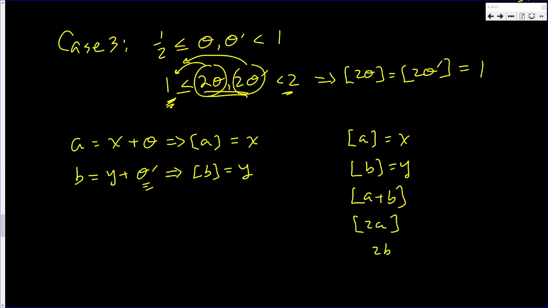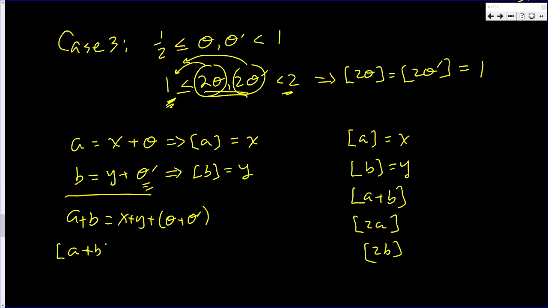2a and 2b. Now, if I add these, we get a plus b is equal to x plus y plus theta plus theta prime. The integer part of a plus b is equal to the greatest integer of that. But I can pull out the integers plus the greatest integer of theta plus theta prime.